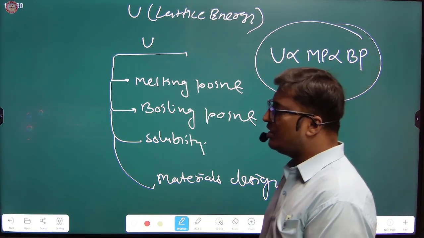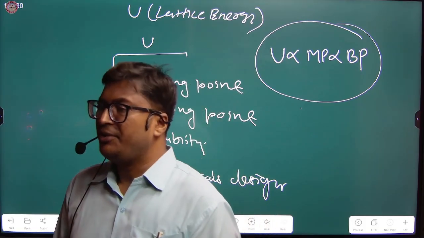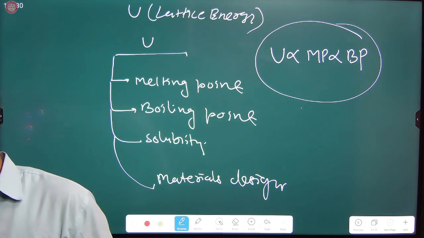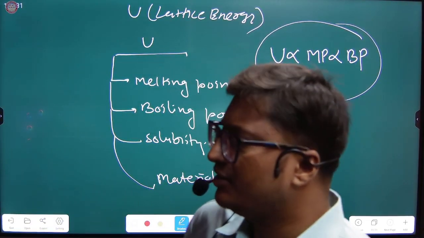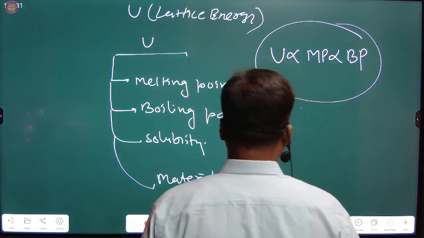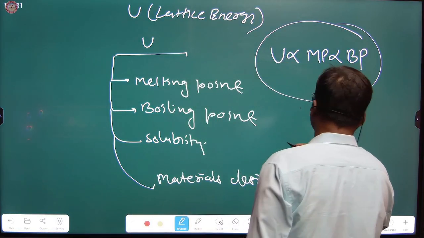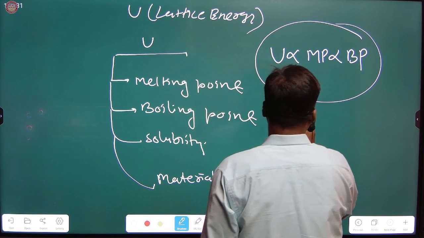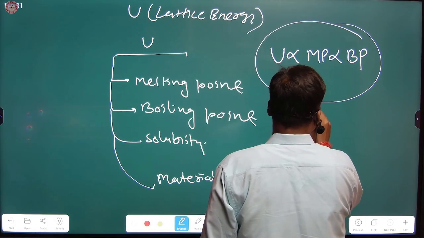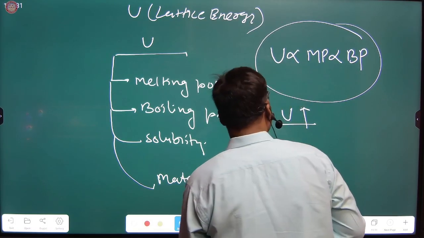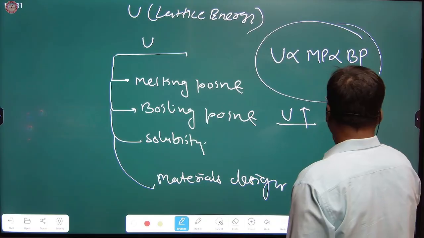So it cannot be easily separated from the lattice structure. So the solubility in water or any other solvent decreases. So if the lattice enthalpy or lattice energy U is higher, then solubility will be low.